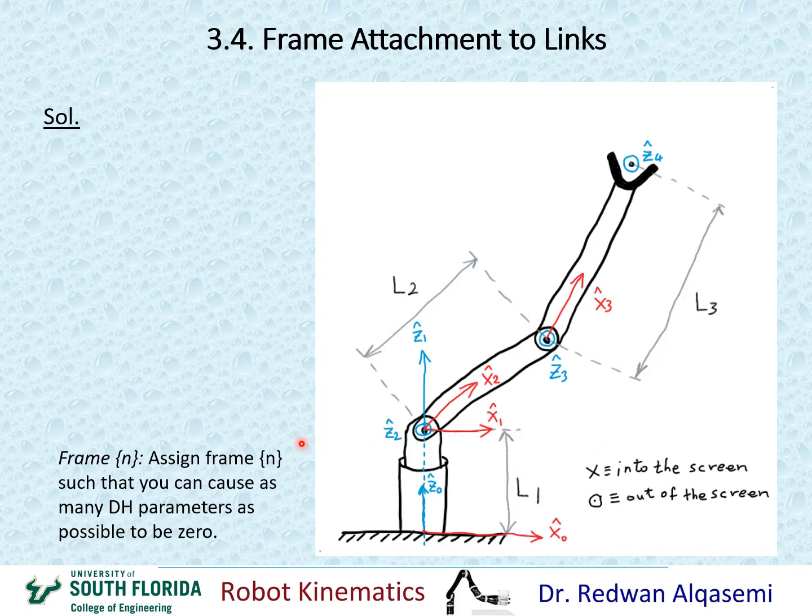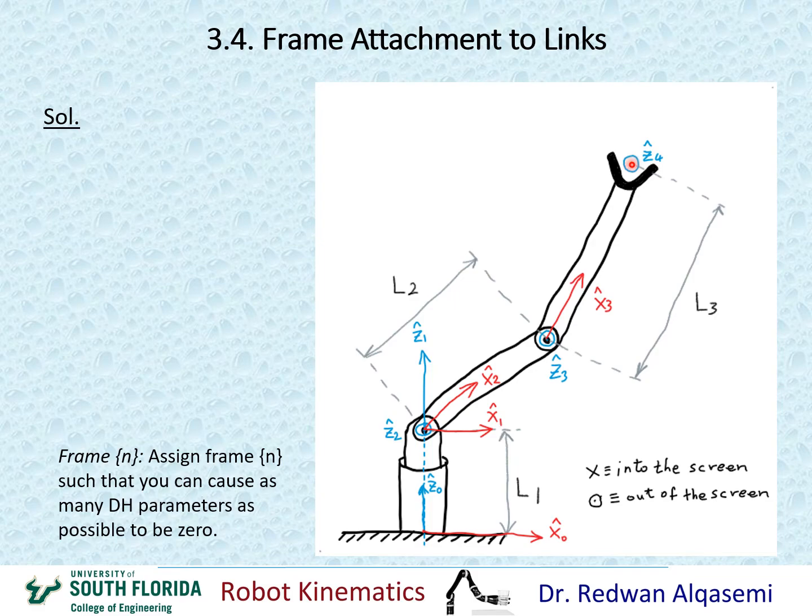Okay, now for xn or x4, again, I can put it arbitrarily anywhere I want. Since we don't have any z5, I don't need to have x4 pointing towards z5 since I don't have a fifth frame. But it's always advised to assign it such that it can create as many 0 DH parameters as possible.